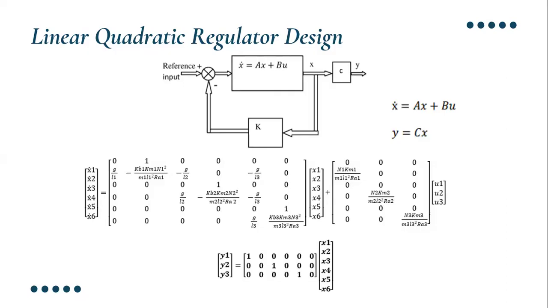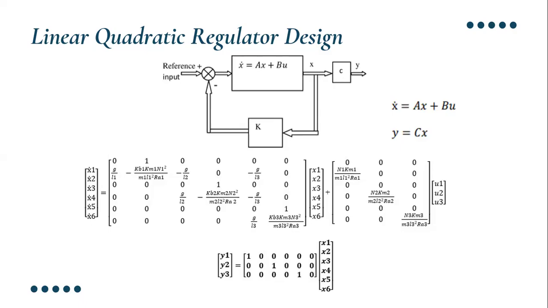The linear quadratic regulator is a fundamental method in control theory used to design optimal state feedback controllers for linear dynamic systems. The system is typically represented in state space form as x dot equals Ax plus Bu, y equals Cx, where x dot is the state derivative, x is the state vector, u is the control input, y is the output, and A, B, C are matrices that define the system dynamics and output.